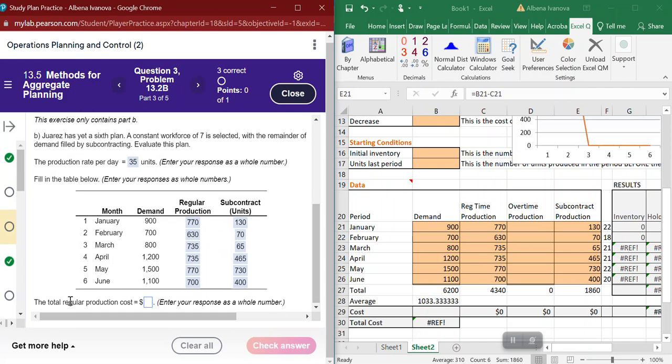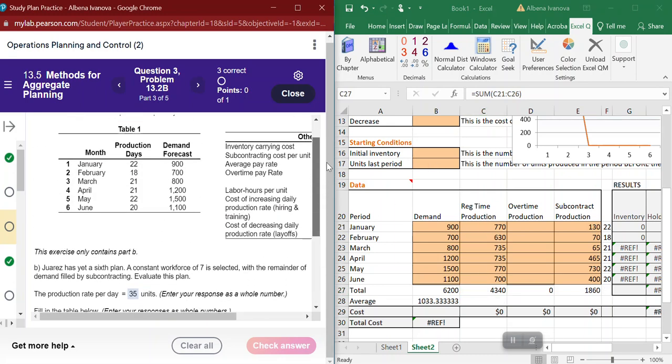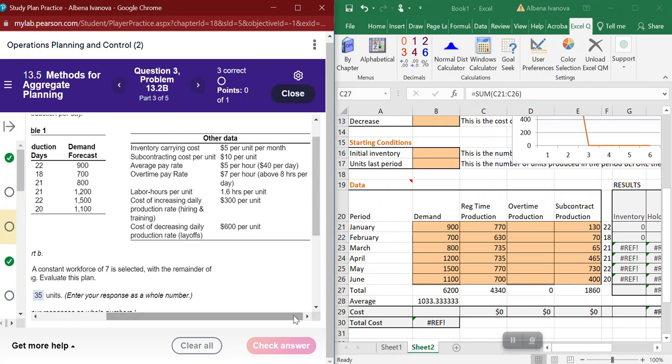And now I need to calculate the regular production costs. The costs of regular production are equal to the number of units we produced using regular production multiplied by the regular pay per unit.